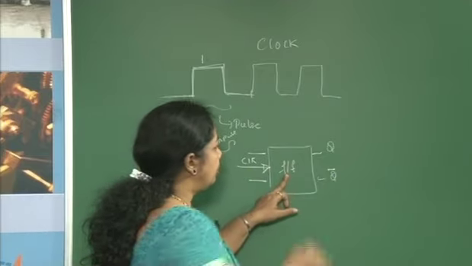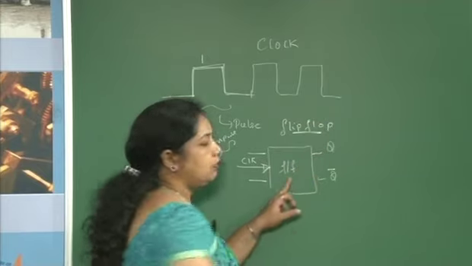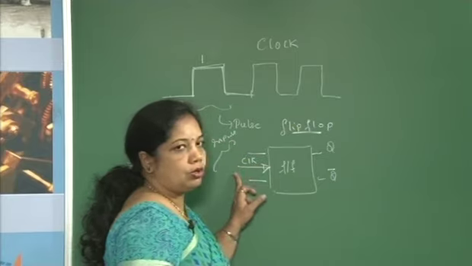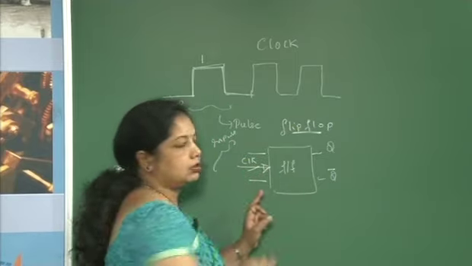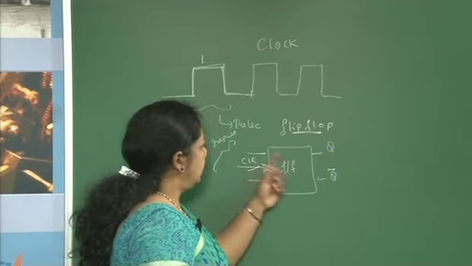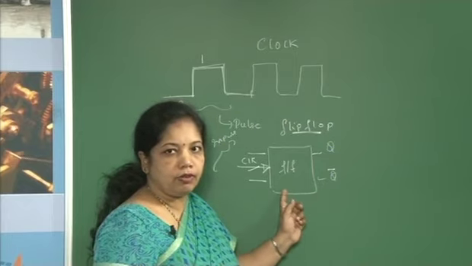This flip-flop will respond to these inputs only at the clock. Whenever I apply the clock, only then does it respond to the inputs and produce outputs. This is in the case of a flip-flop.